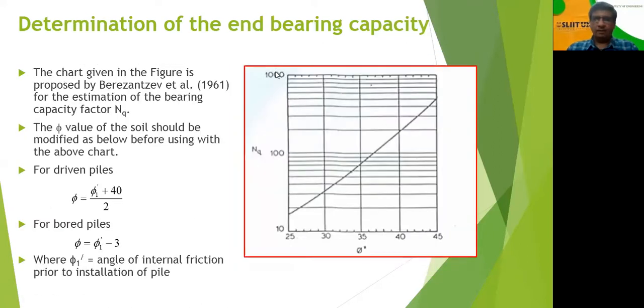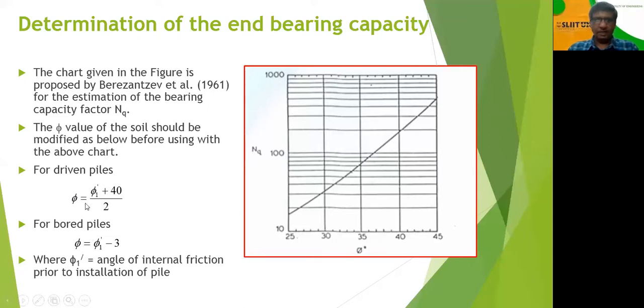And the N gamma value you can obtain from this particular chart, which is there in the Poulos and Davis textbook. And even here you have to modify your phi values, right? These are the phi values before installation of the pile, and these are the phi values that will be used. The phi 1 is before the installation, and the phi value is after the installation. So you have to use this phi value in this particular chart.